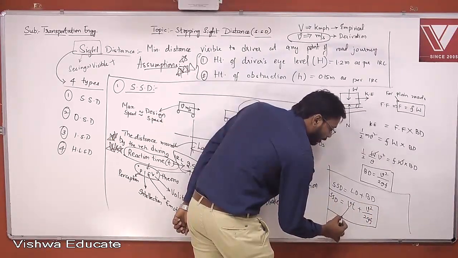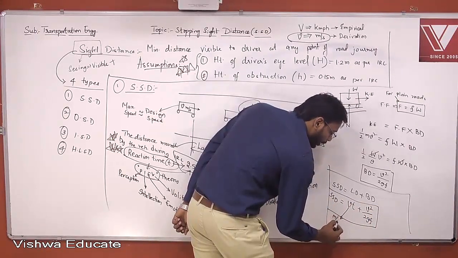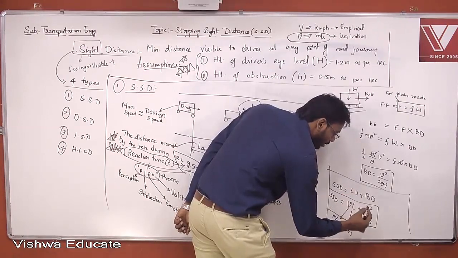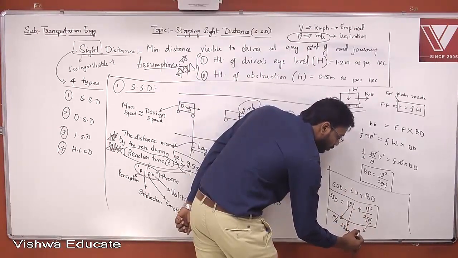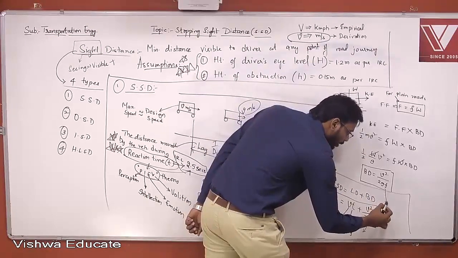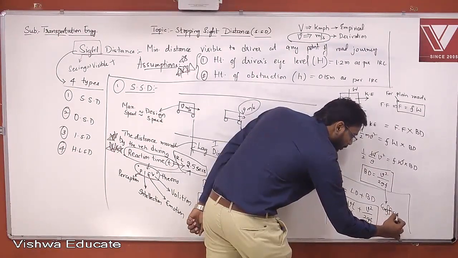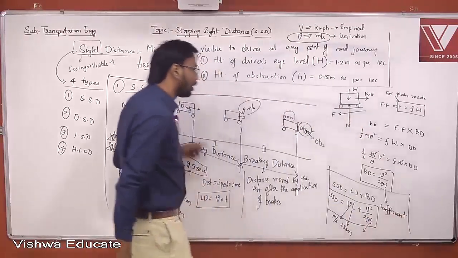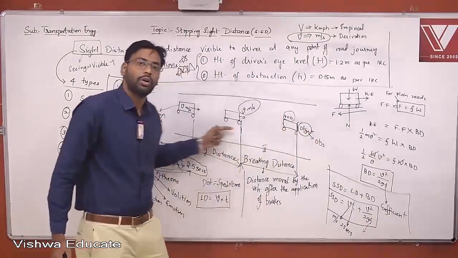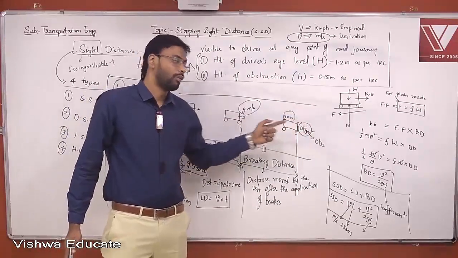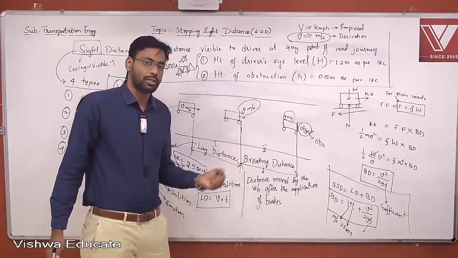where V is design speed in meter per second, T is reaction time. If nothing is given, we should take it as 2.5 seconds. F is coefficient of which friction? Your vehicle is moving in the longitudinal direction of the road. So which friction we should consider?